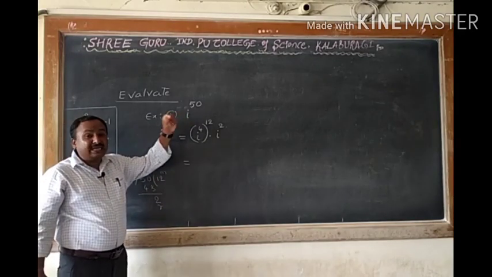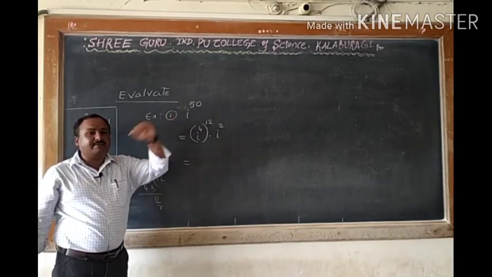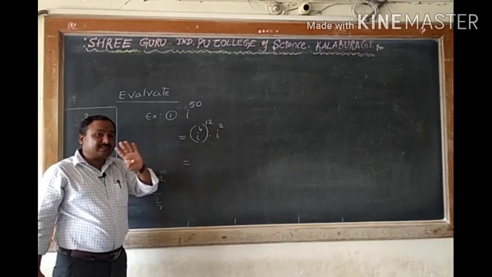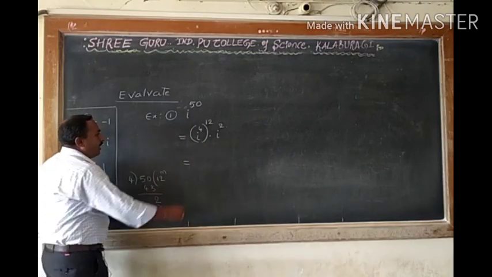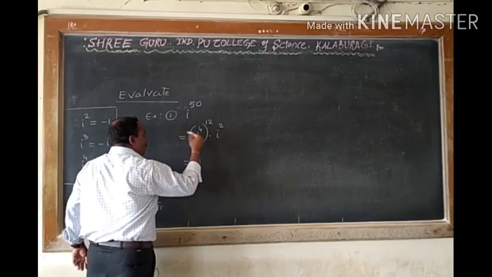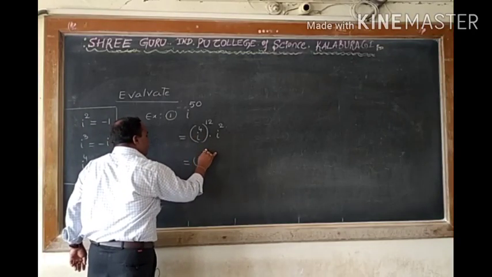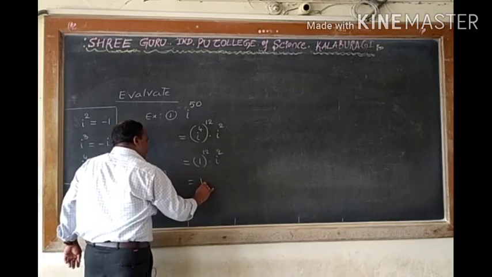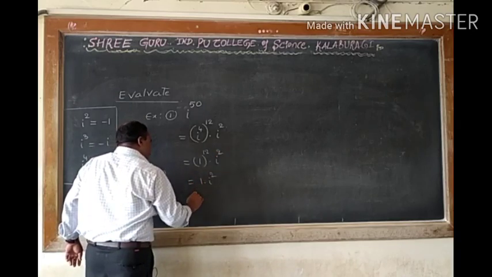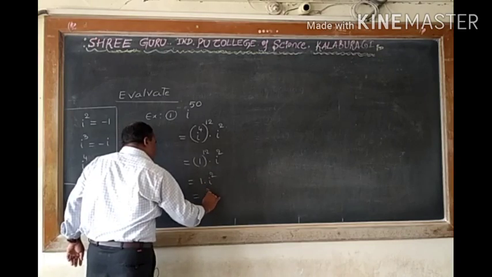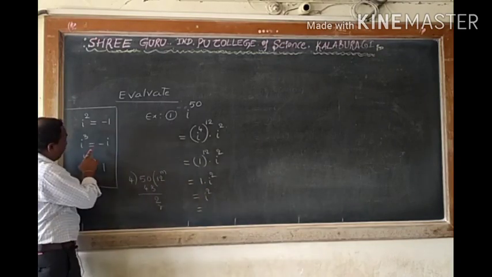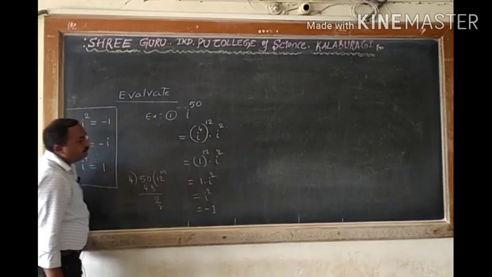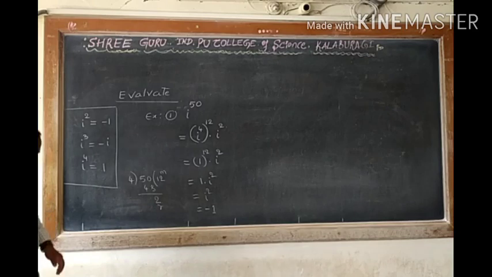Here i to the power 50 is i squared when converted to the highest base 4. i to the power 4 is 1, and 1 to the power any number is 1. So 1 into i squared is i squared, and the value of i squared is minus 1. Yes, that is minus 1. Any doubt? Okay.